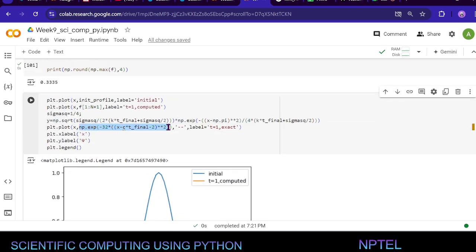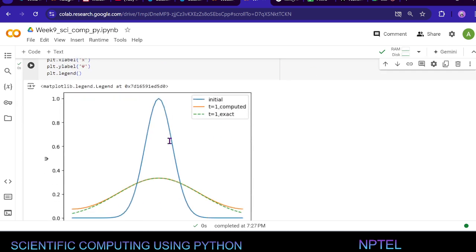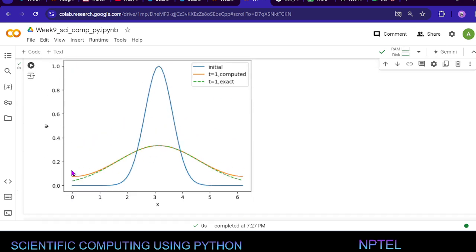So let's plot x versus y. Yeah. So the orange one is the computed one and green is the exact solution. So it pretty much coincides, pretty much equal, except at the boundary, which we can understand, right?